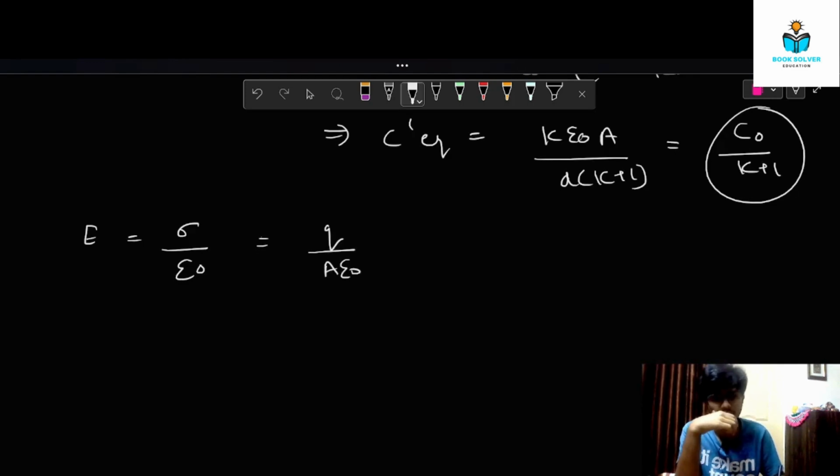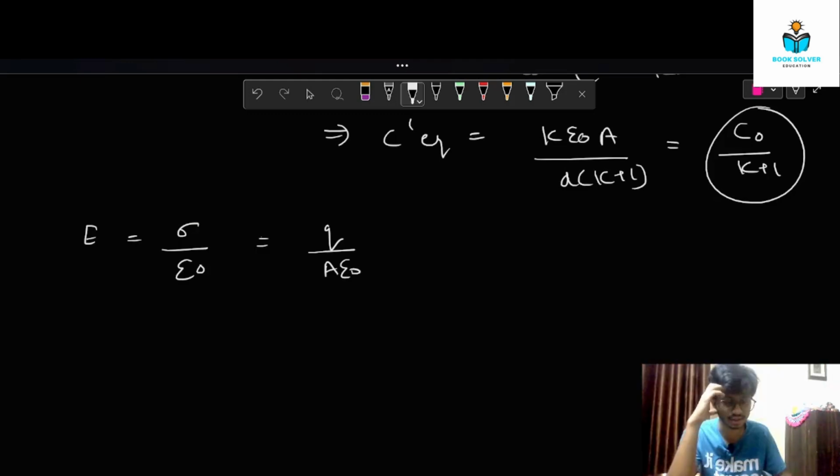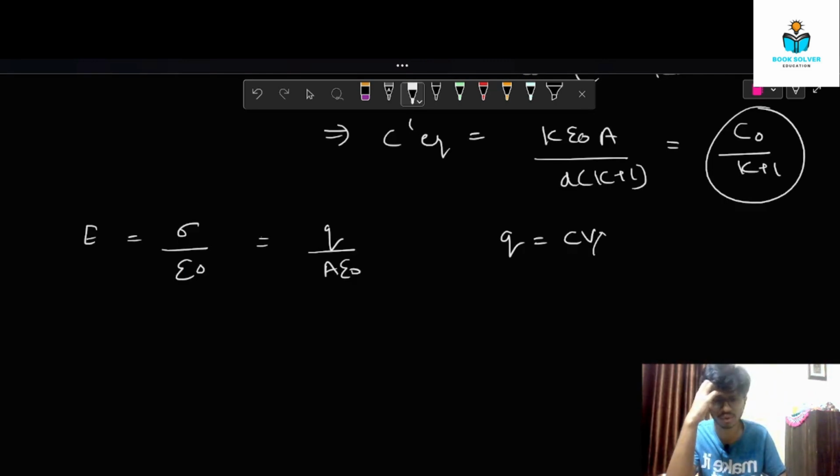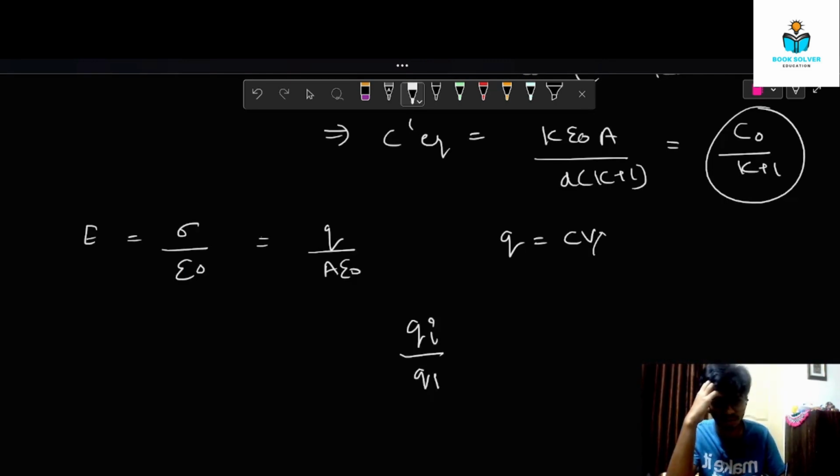Now A is constant, epsilon naught is constant, so E depends on Q. Also Q is equal to CV. V is constant, so Q is directly proportional to C. Q initial by Q final is basically C initial by C final.